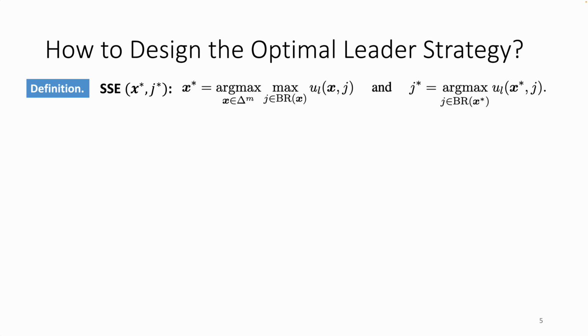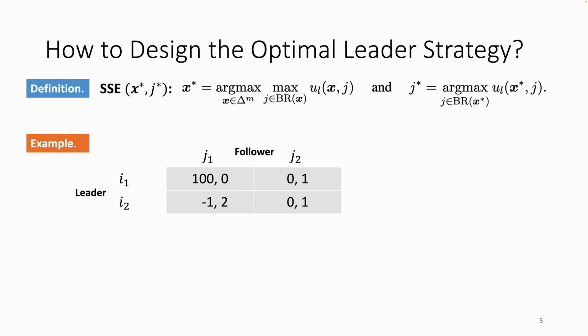So let me give you a concrete example of computing the strong Stackelberg equilibrium. Let's consider a simple example where the leader and follower have two actions. In this utility matrix, in the first cell, the first entry stands for the leader's utility under I1, J1, and the second entry stands for the follower's utility under I1, J1. Apparently, in this utility matrix, the leader wants this cell of I1, J1, where he can get utility 100.